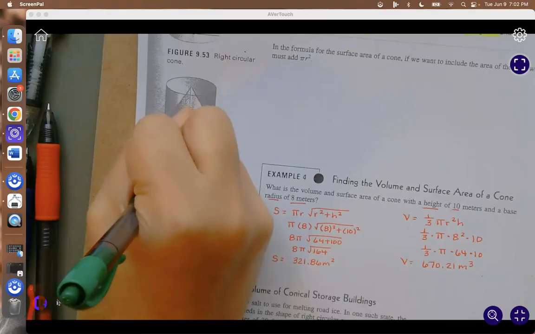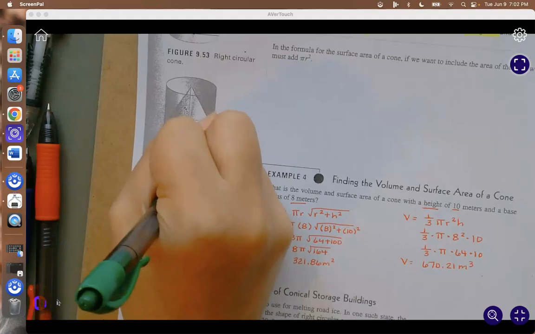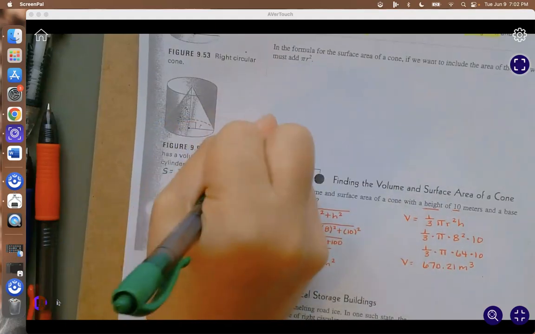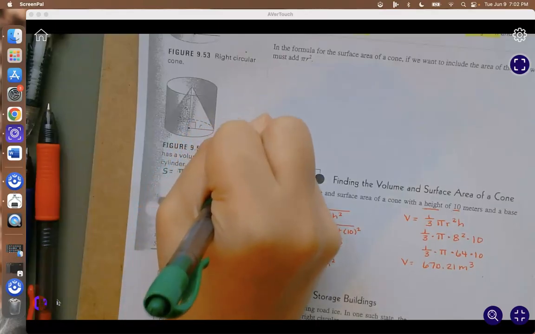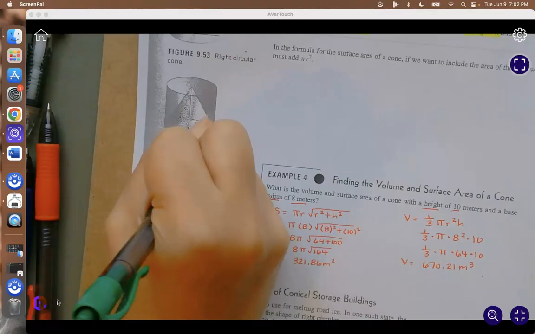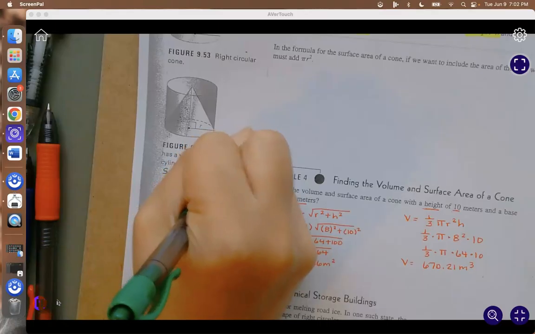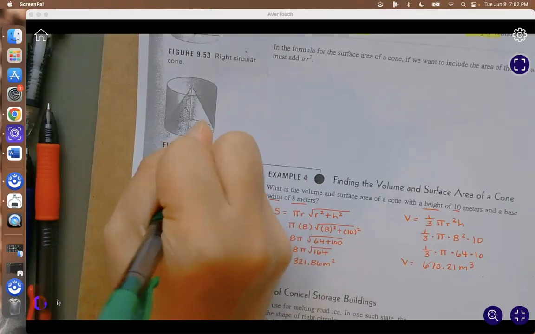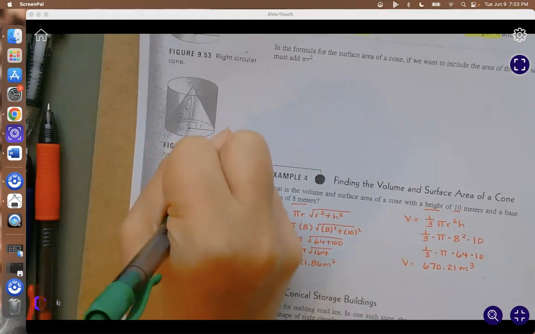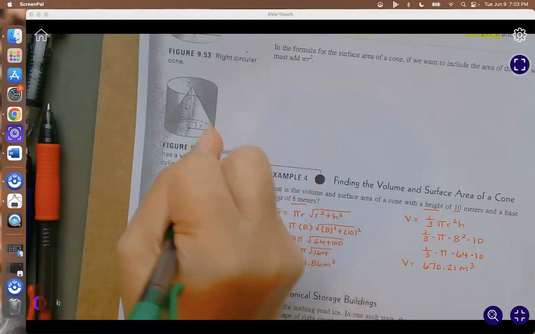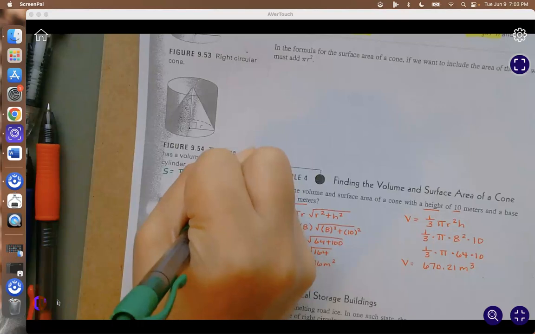So surface area is pi times 4 square root 4 squared plus 5 squared. So this is 4 pi square root of 16 plus 25. So that's going to be 4 pi times the square root of 41. You can type all that in at one time, and that's 80.46 square yards.